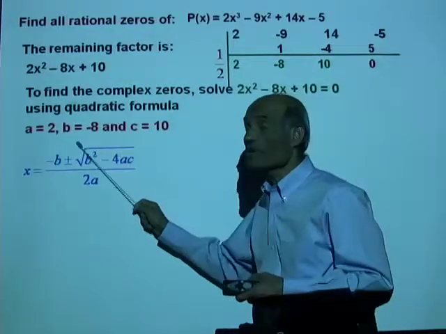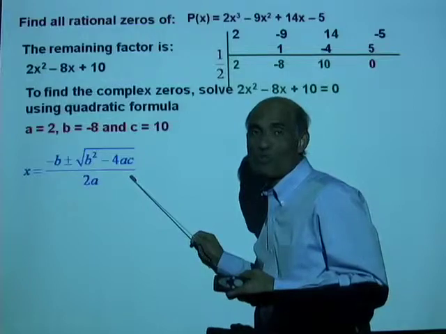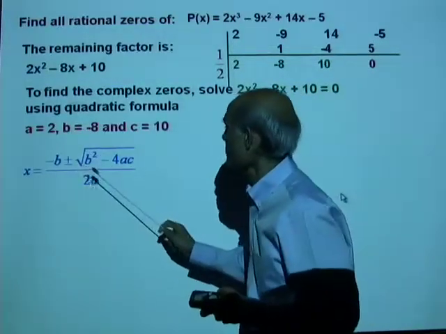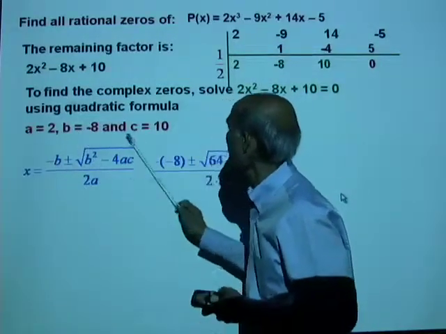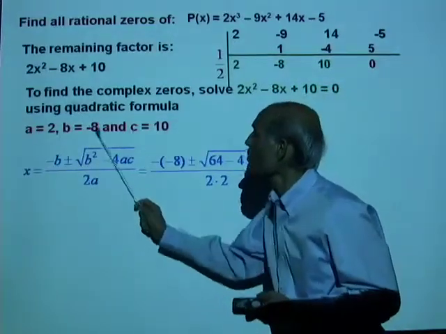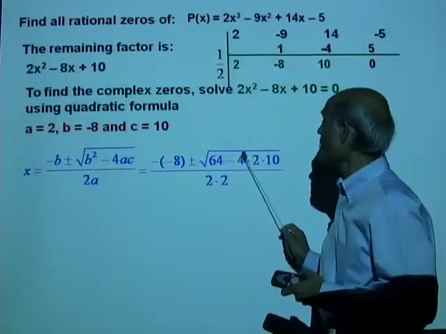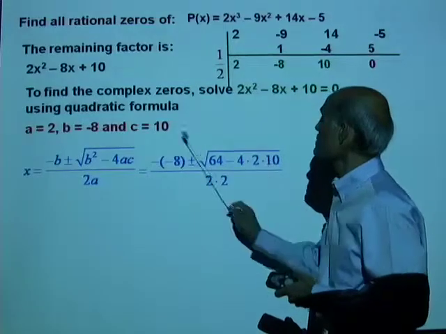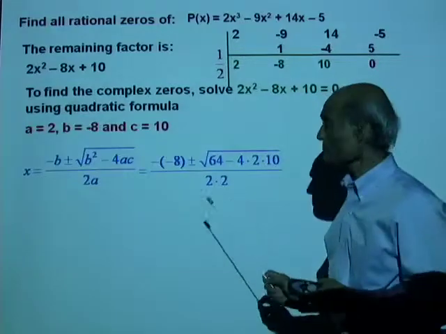Now remember, only by doing this you will actually learn. So don't just watch me, you've got to keep doing it. Alright, replace all the values. That will be -b, negative of -8, plus or minus square root of b squared, which is -8 squared, that is 64, minus 4 times a, which is 2, times c, which is 10, all over 2a, 2 times 2.